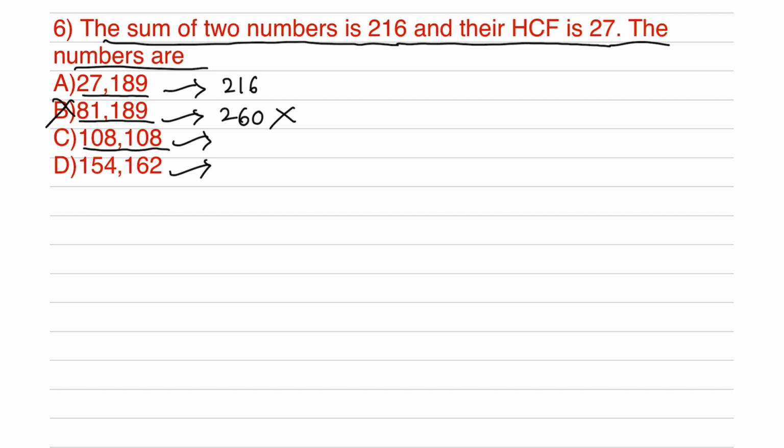Cancel B. 108 plus 108 is 216, and 154 plus 162 is 316, which is not the correct option. Cancel option D. So only check option C and option A. See this option C. As both the numbers are the same, the HCF will also be the same, meaning 108 only. So option C is also not correct. Then the right option is option A.